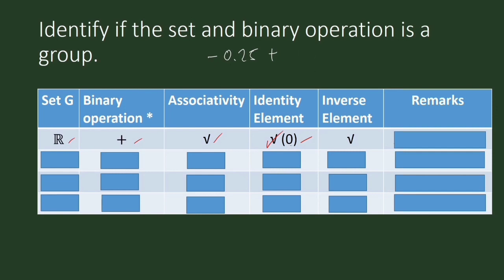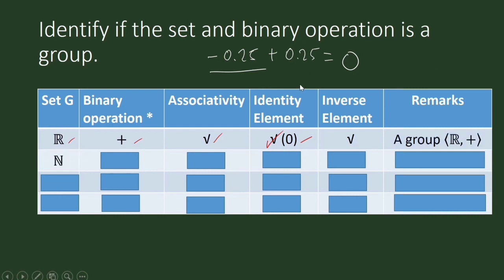That is our definition of the inverse: an element plus the inverse is equal to the identity. And we know that to be 0.25, that is the inverse element for negative 0.25. And this is true for all elements in the set of real numbers. The set of real numbers under the operation of addition is a group.